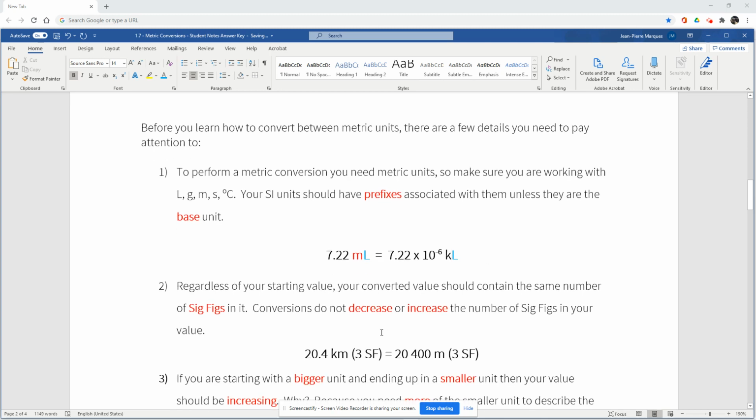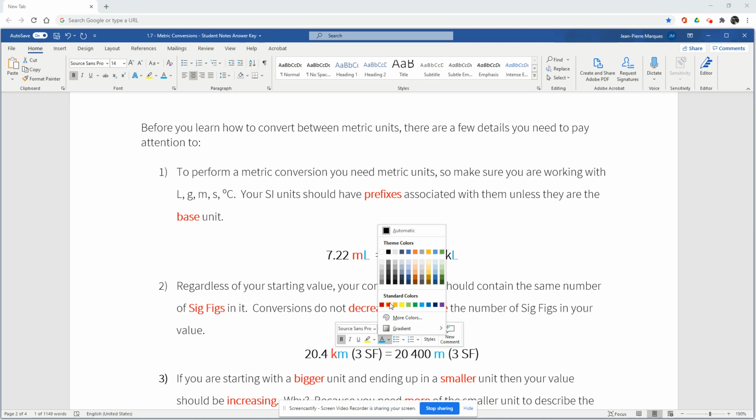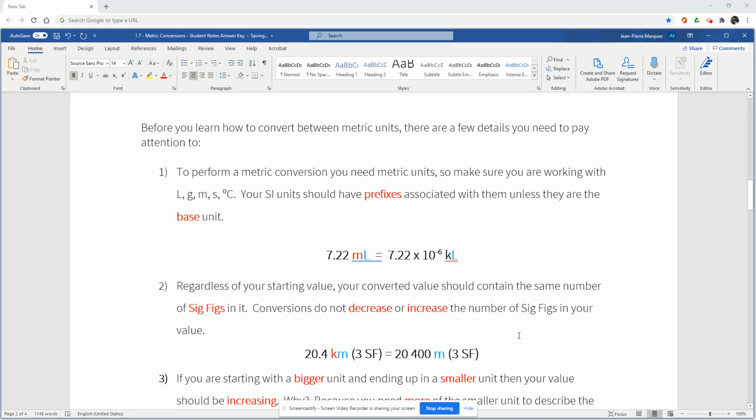So for example, my base unit is going to be meters, and I go from 20.4 kilometers and I convert that into meters and I get 20,400 meters. You'll notice in 20.4 kilometers, there are 1, 2, 3 sig figs. In 20,400 meters, there are 1, 2, 3 sig figs. So conversions do not enhance or decrease the precision of your answer.